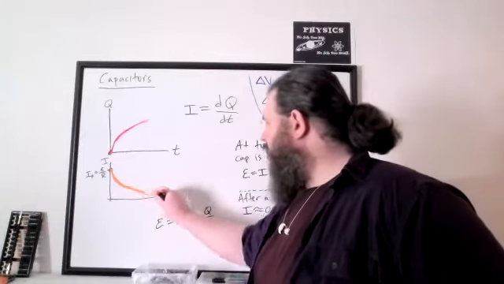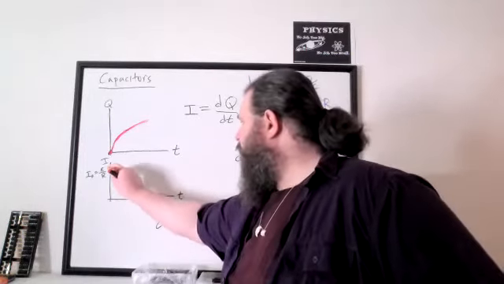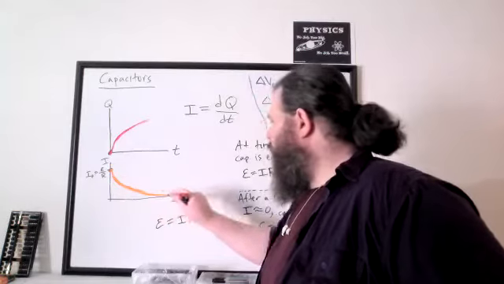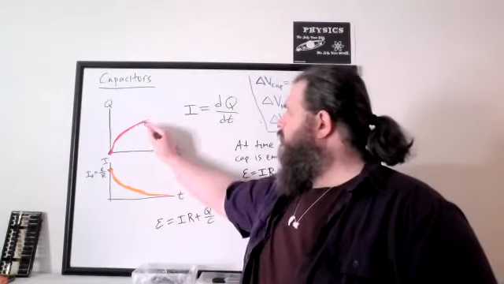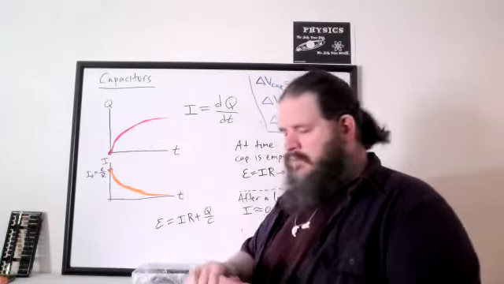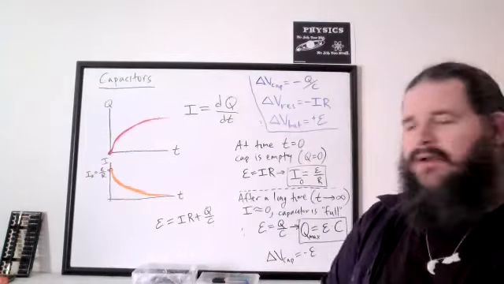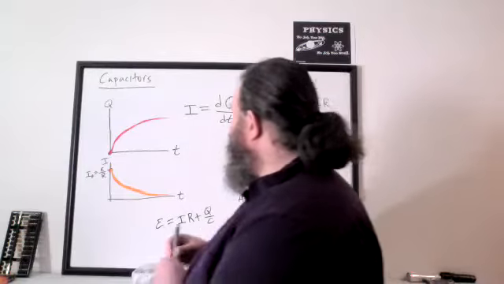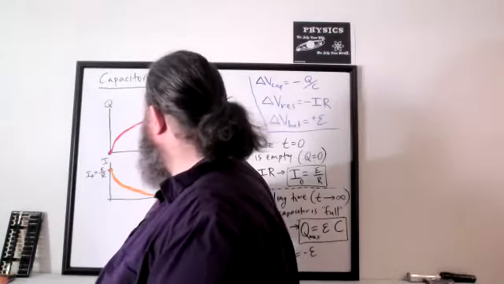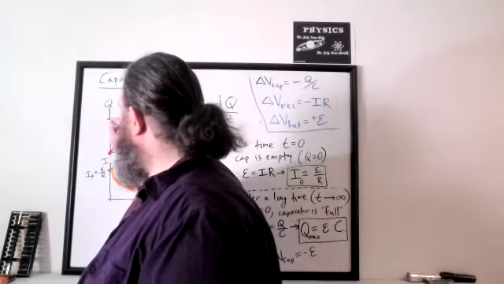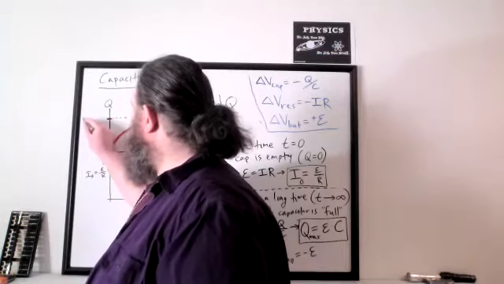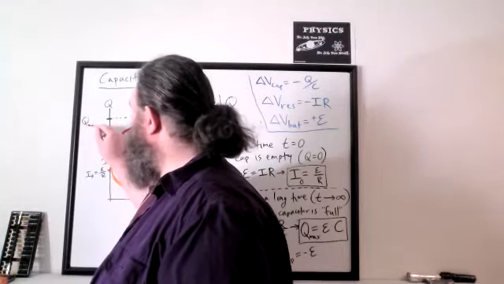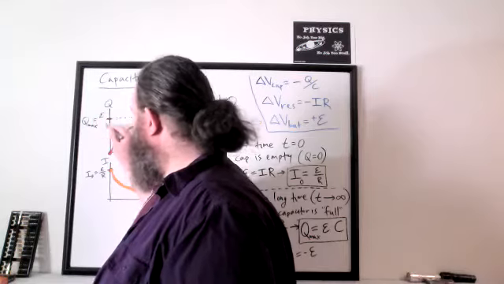After a long time, the current gets closer and closer to 0. And after a long time, the charge levels off towards a final asymptote of epsilon times C. So that would be the asymptote of this graph. So Q max is epsilon times C.